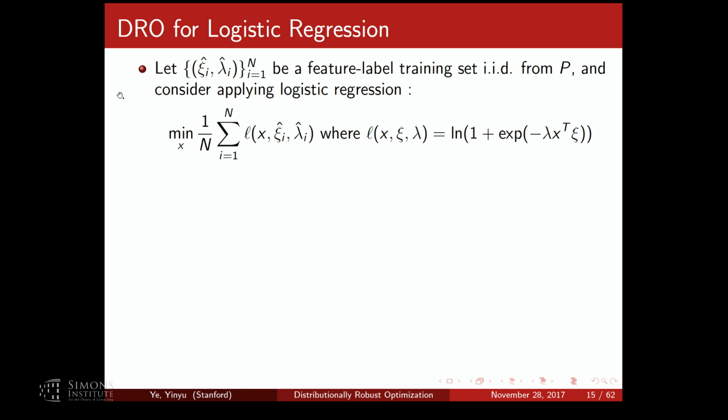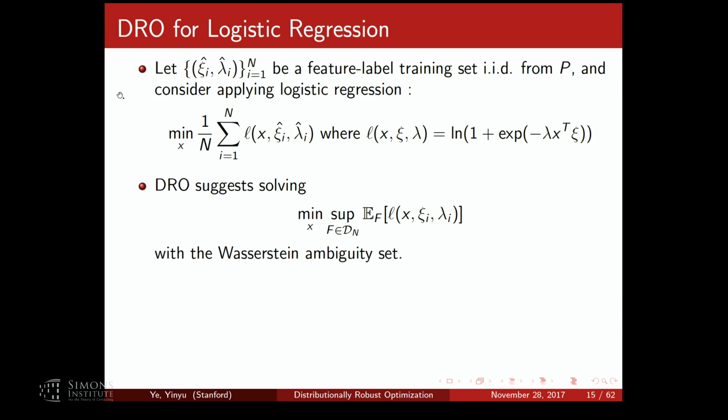Specifically, suppose many people use logistic regression. So you have this form, and DRO suggests you use an uncertainty set, called the ambiguity set, meaning the sup of this logistic regression.